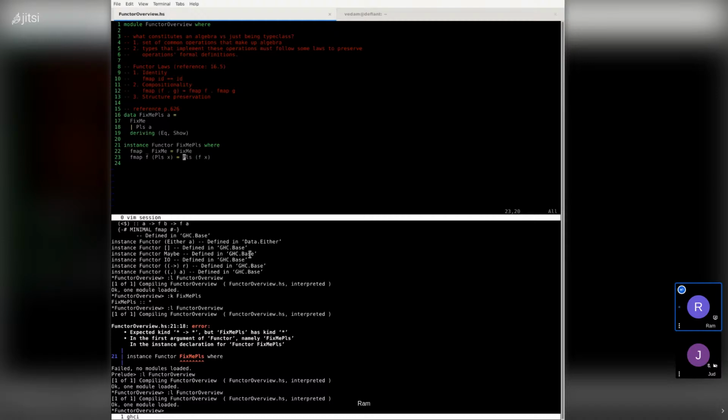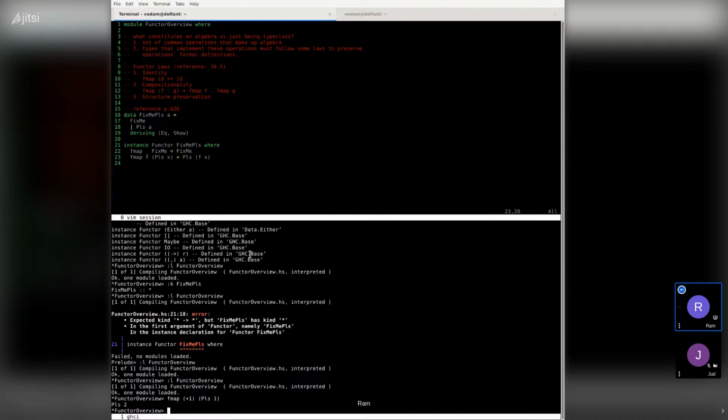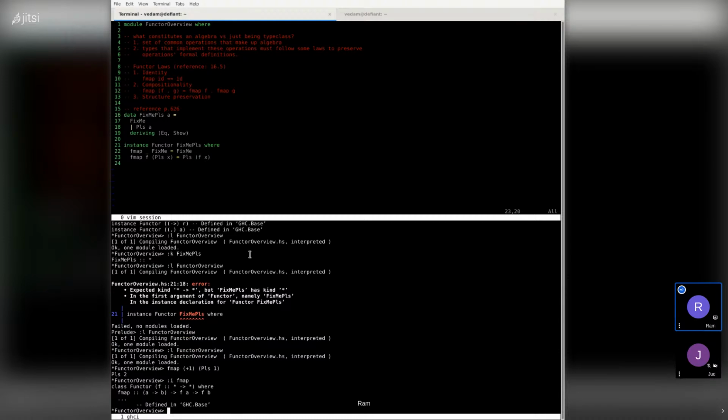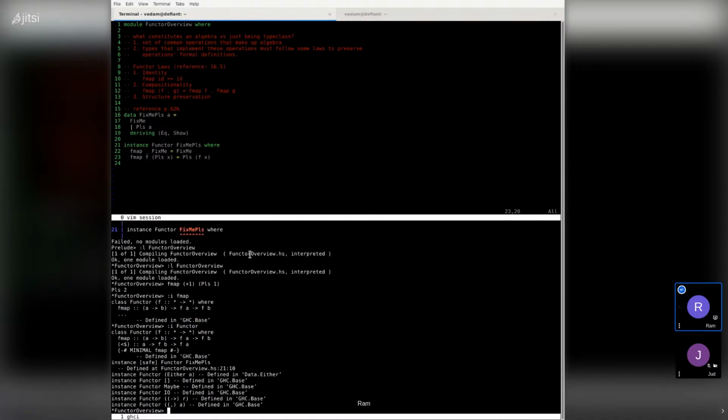So now you can actually go in and use this. We could just say fmap +1 on Plus 1, and you'll see that'll create Plus 2. If we do :i on Functor, you can see that we have our instance at the top here.